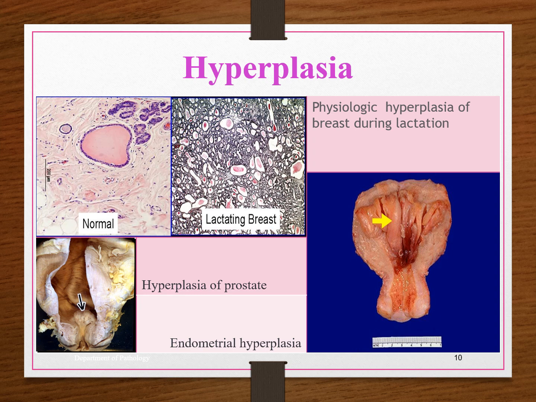The third picture is hyperplasia of prostate, benign prostate hyperplasia, which is more common in men above age 60 years. And one more example is endometrial hyperplasia. So physiologic hyperplasia is that of the breast during lactation and pregnancies, and pathological hyperplasia examples are prostate hyperplasia and endometrial hyperplasia.